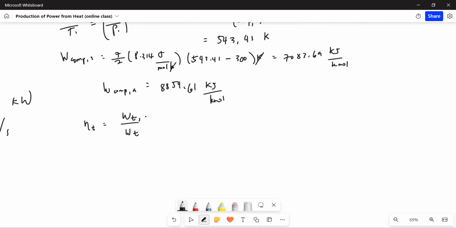So for the turbine, our numerator would be the actual, it's smaller compared to the ideal. Therefore, the work turbine actual is 0.85 times the work turbine isentropic.